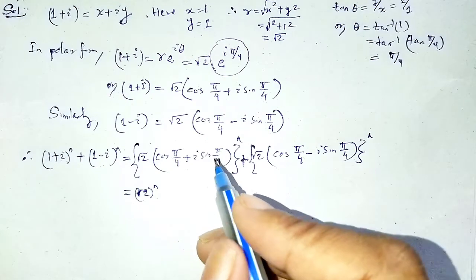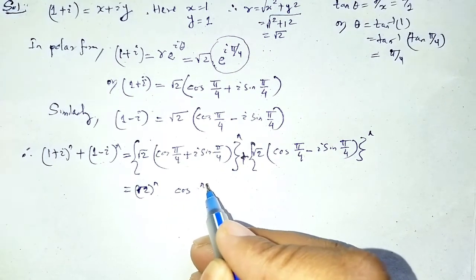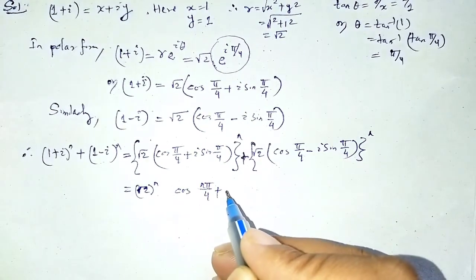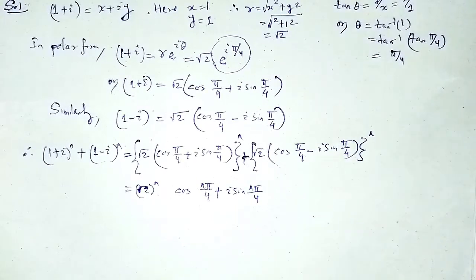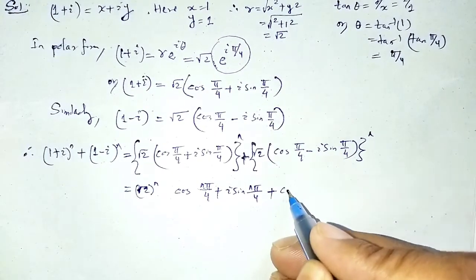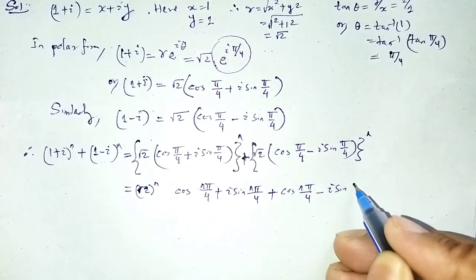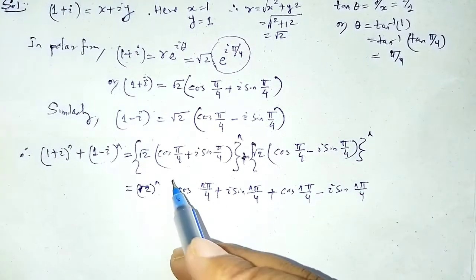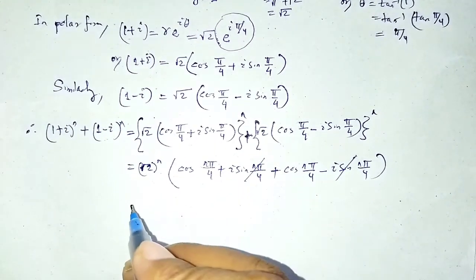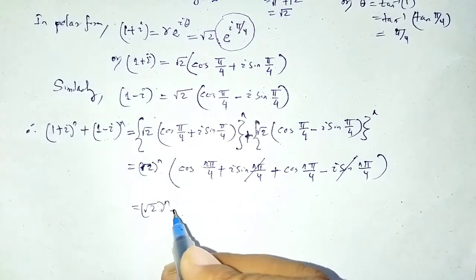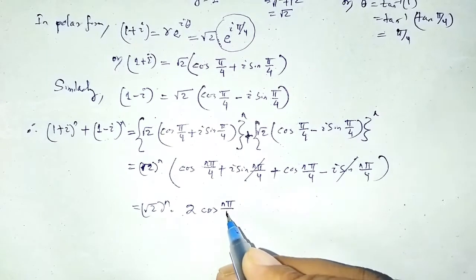Again, using de Moivre's theorem, we write it as cos n pi by 4 plus i sin n pi by 4, and again here cos n pi by 4 minus i sin n pi by 4. The plus and minus cancel out, so root 2 to the power n, here 2 times cos n pi by 4.